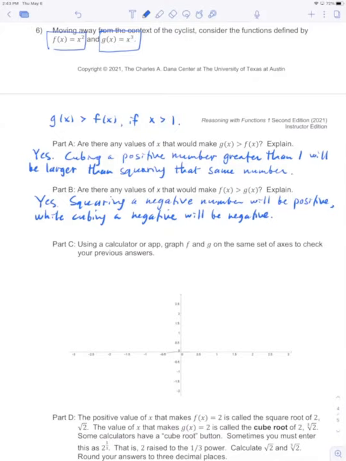Okay, if we wanted to write it mathematically, we could say that as f of x greater than g of x if x is negative.